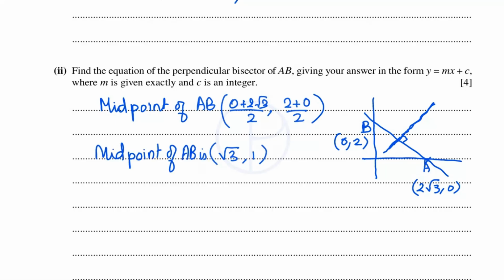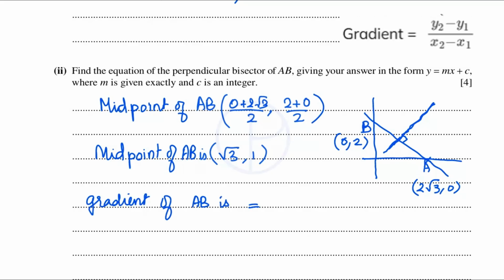Now we found a point which lies on the perpendicular bisector of AB, and let's find the gradient of AB. From that we can calculate the gradient of the perpendicular bisector. So what is the gradient of AB? Y2 minus Y1 divided by X2 minus X1.